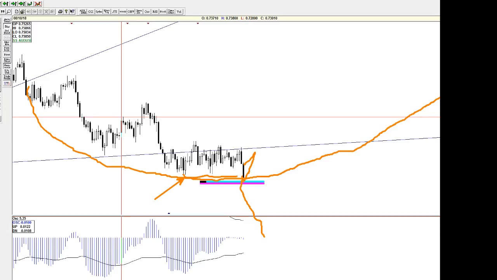Actually, we retest that low, get above it, which is 73.10, get above this angle, then we're going to go higher. Obviously, zigzagging, but grinding higher. That's the only way that this model is going to work.